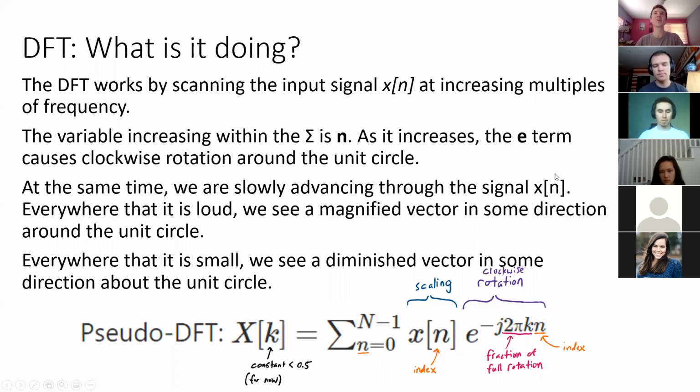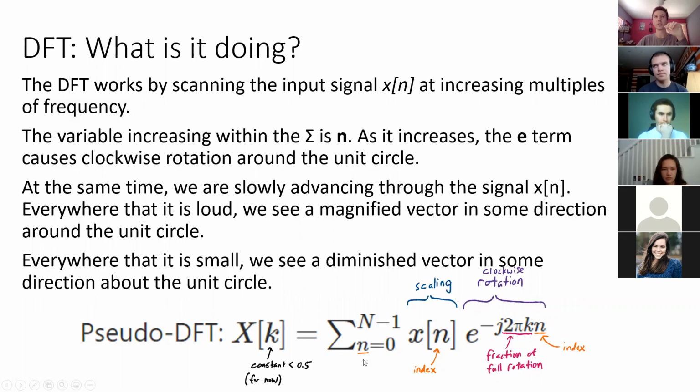All right, so looking at the DFT, it's basically scanning your input signal, your x[n], at these increasing multiples of frequency to see if that frequency, or any multiple of that frequency, exists in the signal. This is not the exact DFT, but it's pretty close.